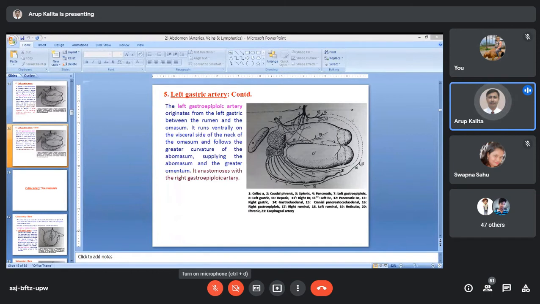This artery will supply blood to the reticulum, and it will also give branches to the esophagus. Then next, left gastric artery, number 8. So the left gastric artery will directly join with the right gastric artery, but it will also give a branch known as the left gastroepiploic artery, and that will join with the right gastroepiploic artery.